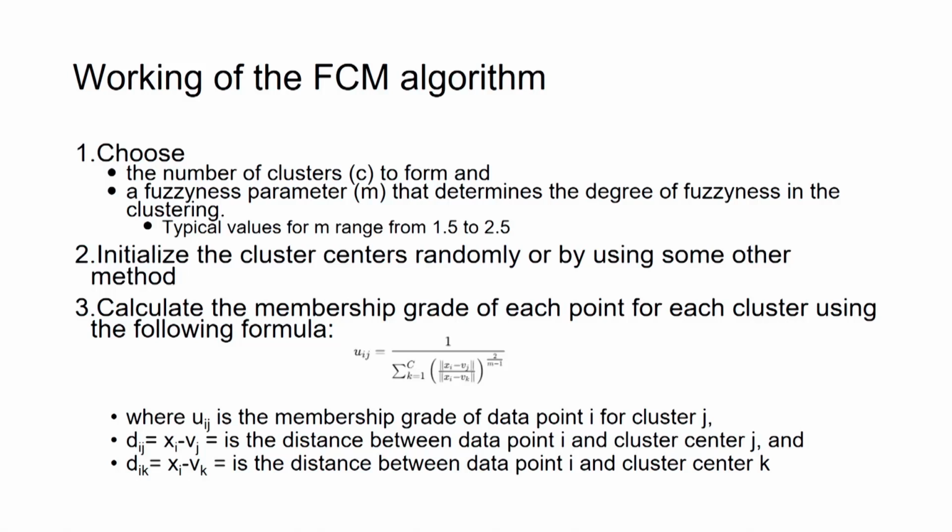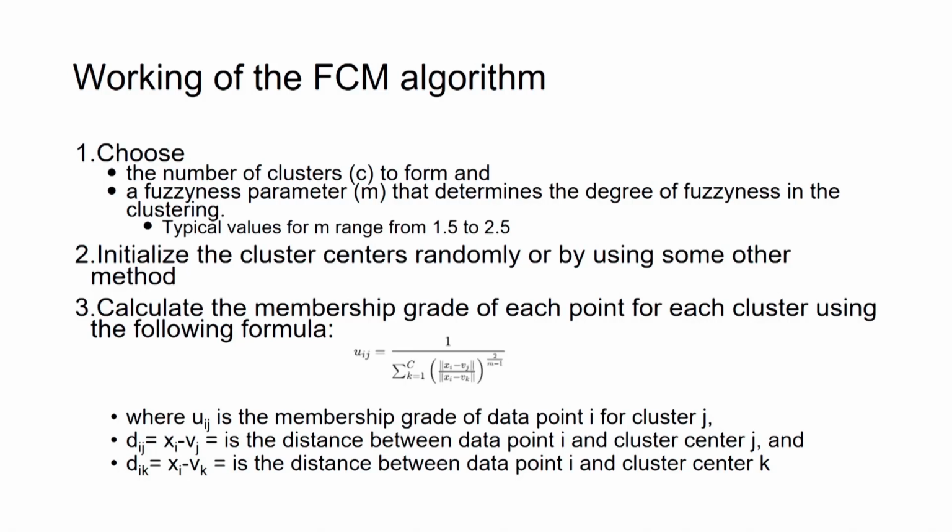So, now we will see the working of the fuzzy C-means algorithm. In the first step, definitely we will need to choose the number of clusters that we want as a final result. We have seen so many methods for finding the optimal number of clusters, or we can guess it and decide the number of clusters, that is C. And here we have one model parameter that is called the fuzziness parameter.